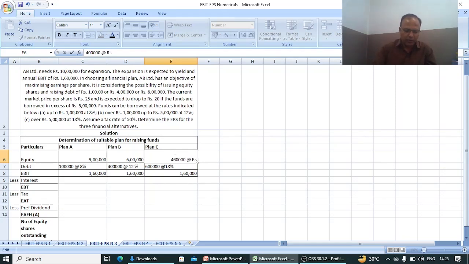At rupees 20 each. At rupees 25 each. At rupees 25 each.